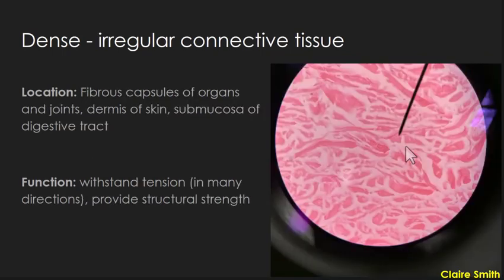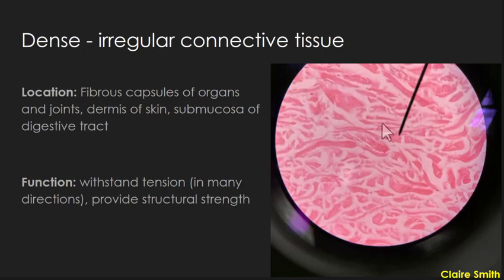We also have dense irregular. This one's kind of harder to see, but the nuclei are going to be all packed in these little blips, and they're really densely packed. This is also important to withstand tension, but this time in many directions. So this is going to be in the capsules of your organs and joints, in the dermis of your skin, and submucosa of the digestive tract.